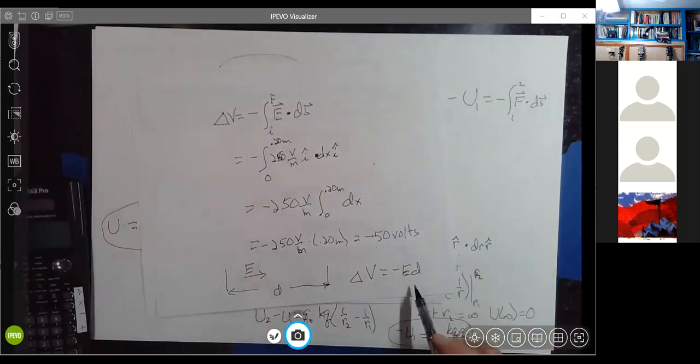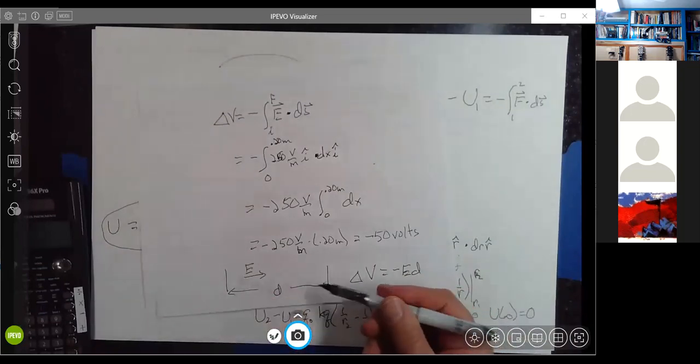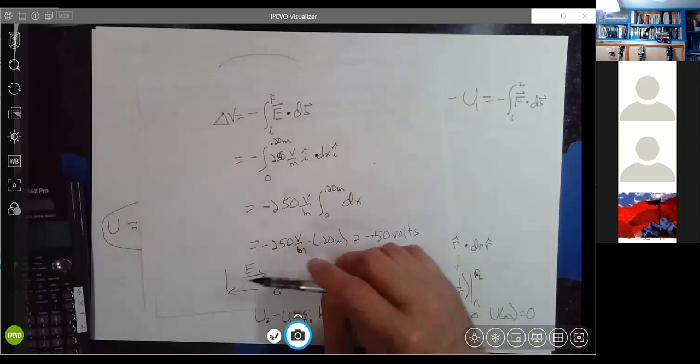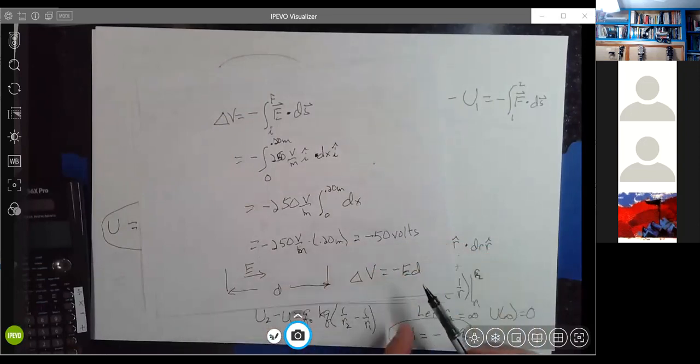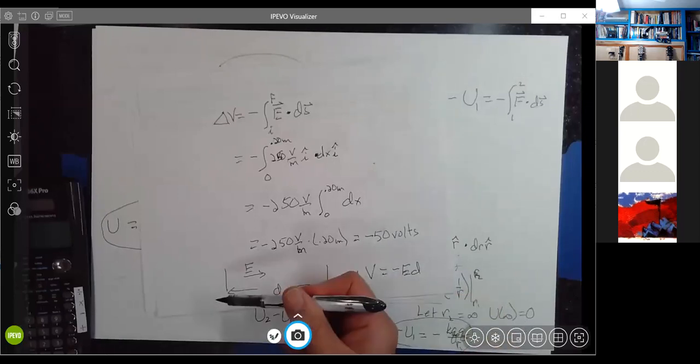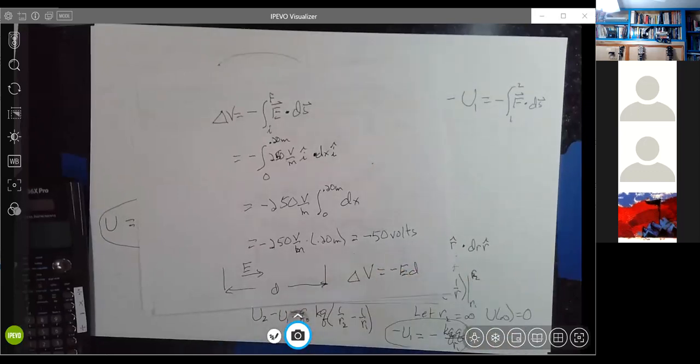So Ed, something like that. And if you go opposite the electric field, the increase in potential would be this thing with a plus sign. So E points in the direction of decreasing potential, but if you go opposite E, you're going in the direction of increasing potential.